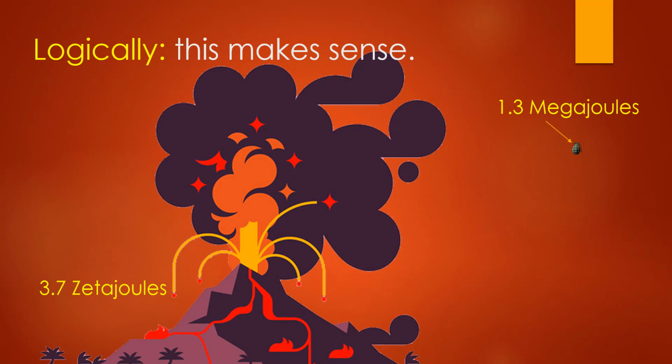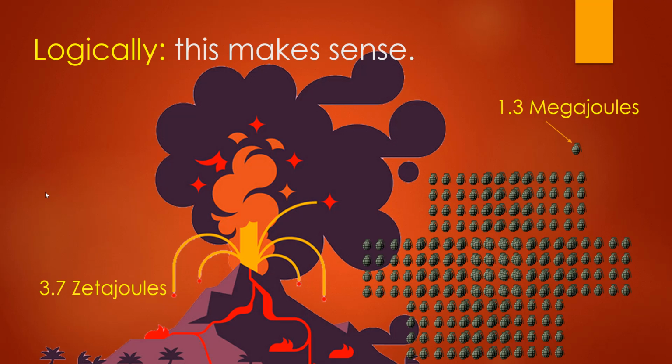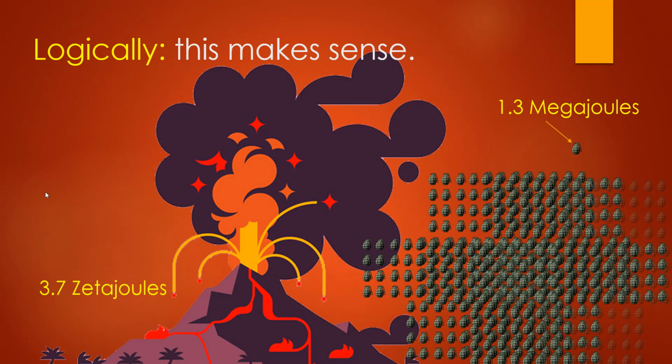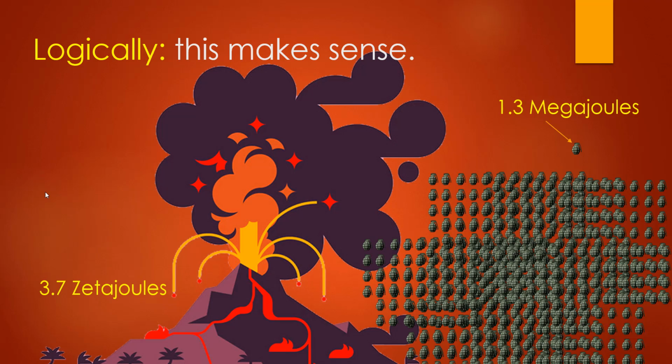You'll notice that the numbers we represent here, 1.3 and 3.7, in terms of digits are pretty close, but it's these prefixes that set them wildly apart, because, as you're going to find out, it takes a lot of grenades to equal a volcano.